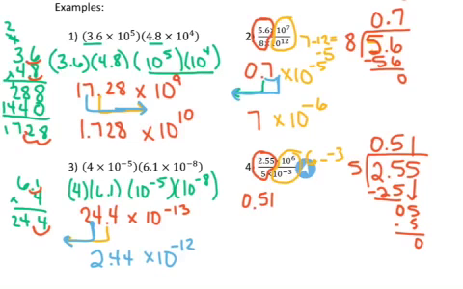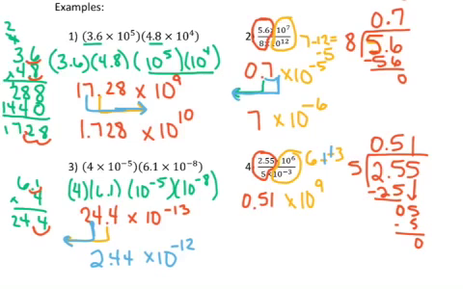So you keep the first term, you add instead of subtract, and you take the opposite of negative 3. So keep, add, opposite. So this ends up to be 6 plus 3. So that means that the exponent is 9. So it's 0.51 times 10 to the 9th.